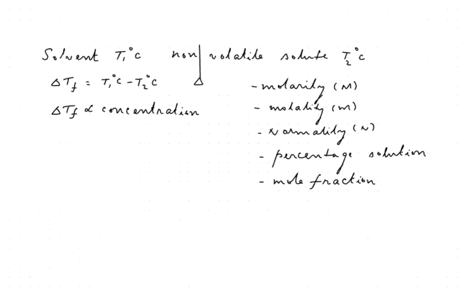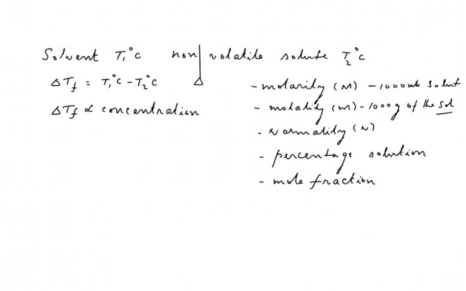Molarity is the number of moles of solute present in 1000 ml of the solution. Whereas molality is the number of moles of solute present in 1000 gram of the solvent. See, here it is a solvent.